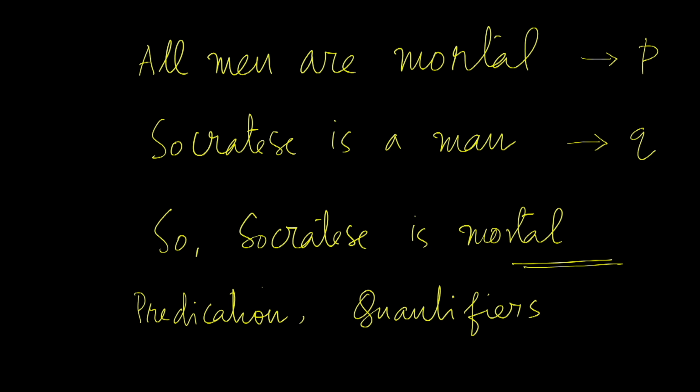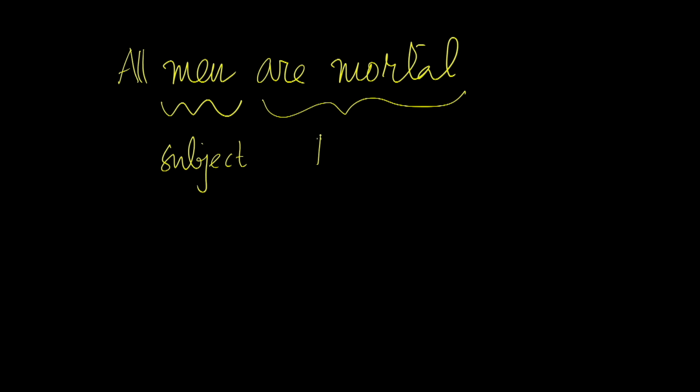So, let us see what we mean by this. In the statement, all men are mortal, men form the subject of the sentence and are mortal form a predicate. All is a quantifier.